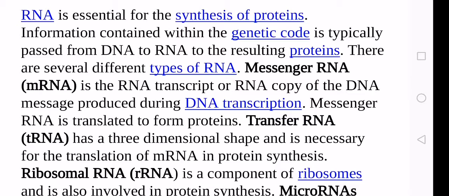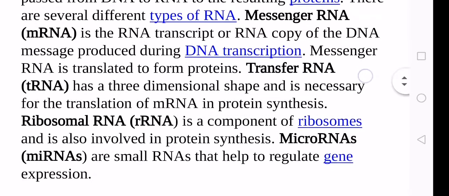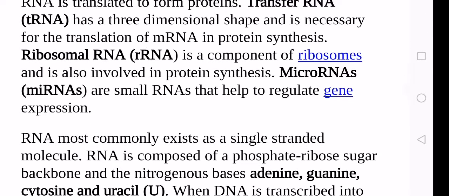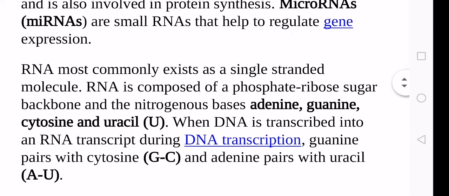Transfer RNA has a 3-dimensional shape and is necessary for the translation of mRNA in protein synthesis. Ribosomal RNA is a component of ribosomes and is also involved in protein synthesis. RNA most commonly exists as a single-stranded molecule.